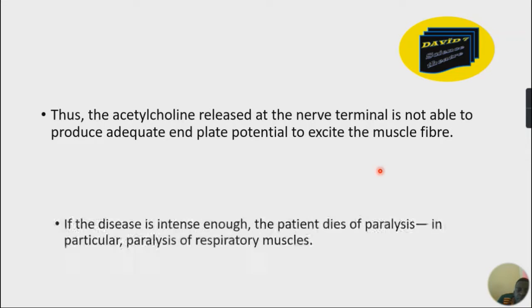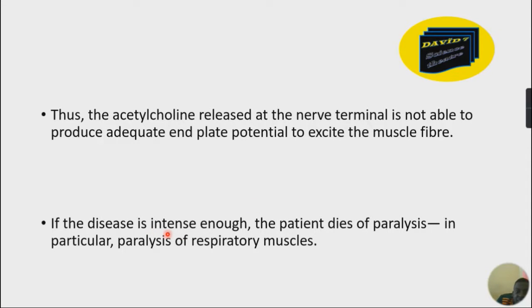And if the myasthenia gravis is intense enough, the patient will die of paralysis, in particular paralysis of the respiratory muscles, because when respiratory muscles like the diaphragm get paralyzed, there is no respiration and the individual will die.